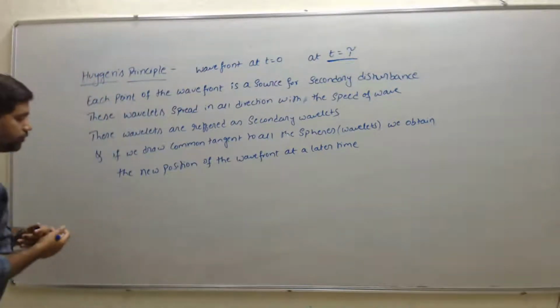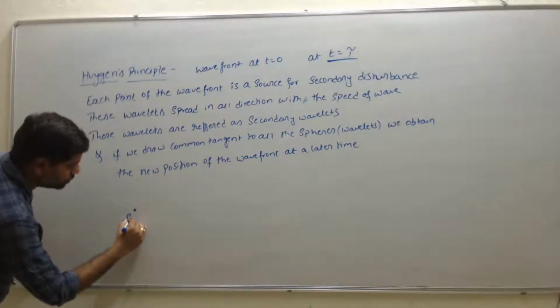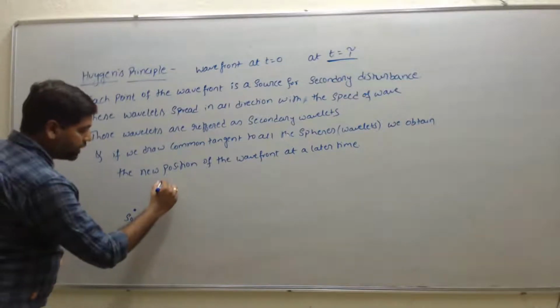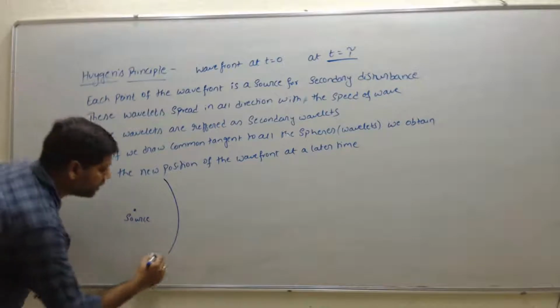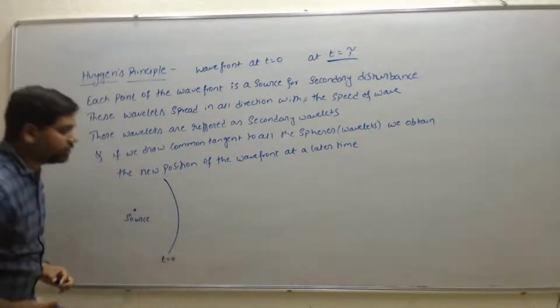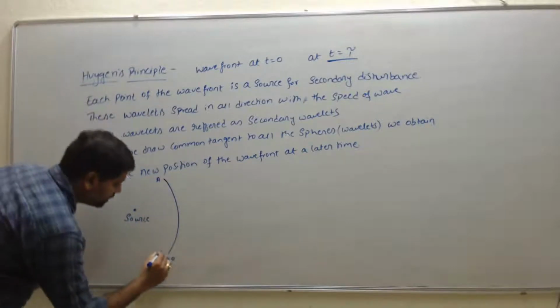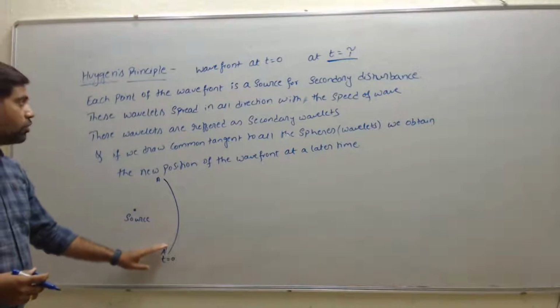So initially we know one wavefront, and after a certain time we can find the position of the wavefront. For example, by using this principle, here is the source. This is the primary source. From here we have one wavefront. This is the known wavefront, that is at time t equals 0. I am taking that one as a dash, so a dash is the known wavefront.